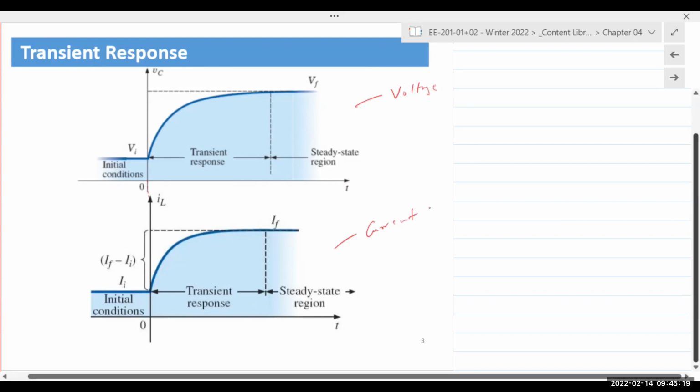Now we can solve for voltage and current for both capacitor and inductor, but it's easier to write a voltage equation for a capacitor. So when it's a capacitor, we write the equation in terms of voltage. When it's an inductor, we write the equation in terms of the current. And I will show, we'll look at derivations for both.